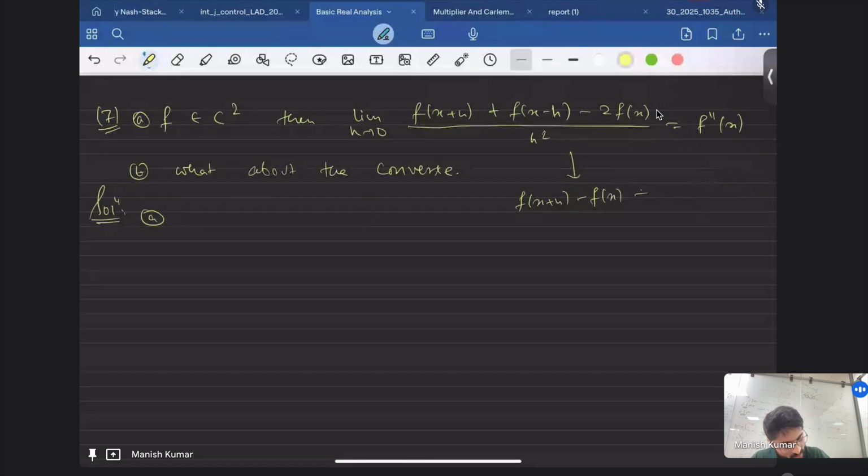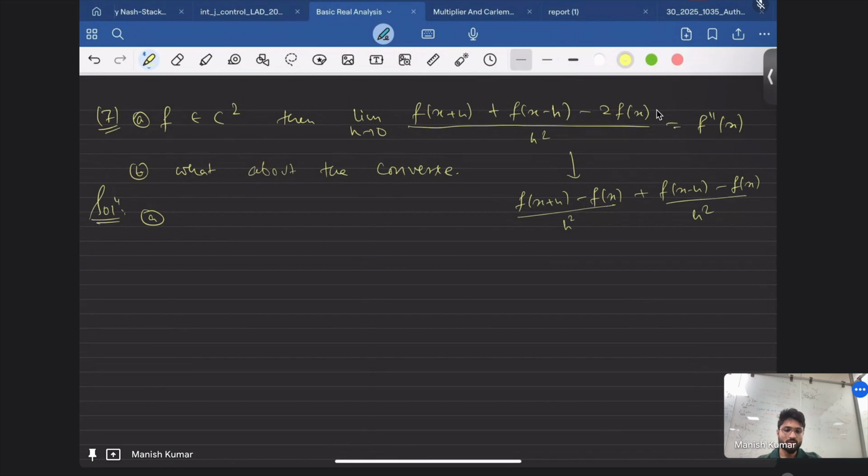Upon h square. Like you can club this in two parts, I mean, separate it in two parts. So there could be multiple ways. Either you directly use the definition, where you will get two limits at the same time, and then you will have to deal with that.